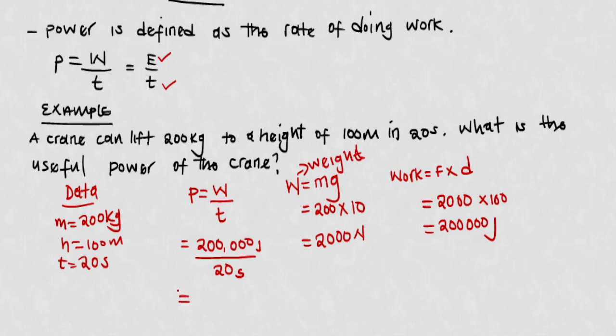So 20,000 divided by 20 is 1,000. And what is the SI unit of power? Power is measured in watts, so you say W. So that is how you can go about that.